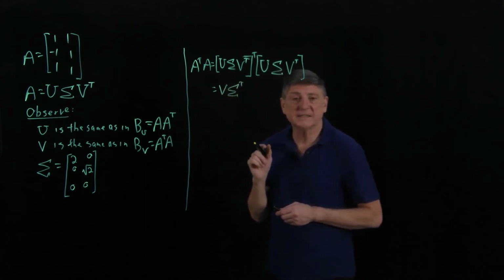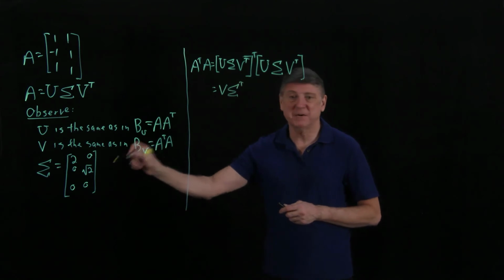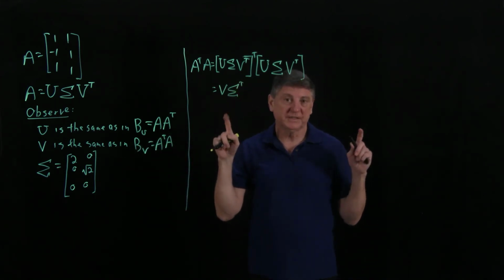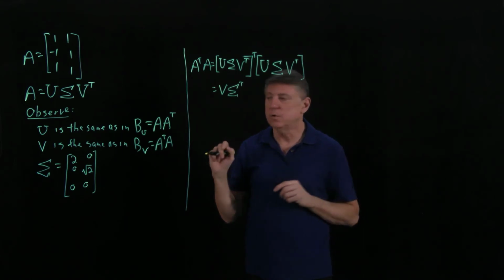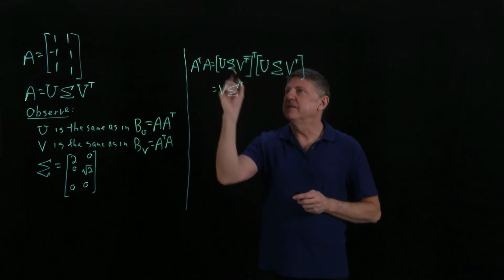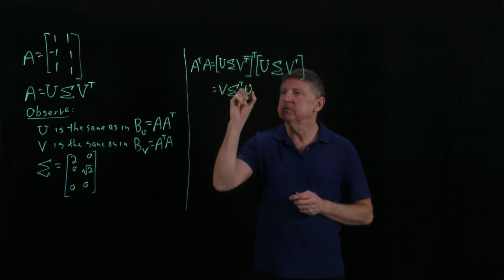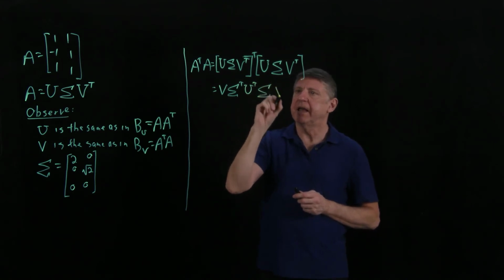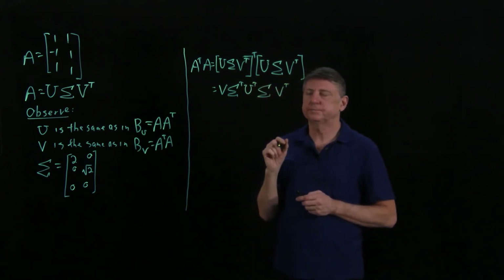We can't write that as sigma because sigma might not be a square matrix. That's why we put the diagonal in quotes: it's a sort of diagonal matrix. Then we have U transpose, and then sigma, and V transpose.